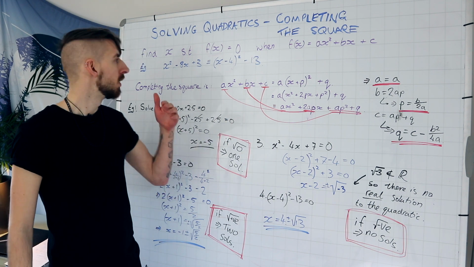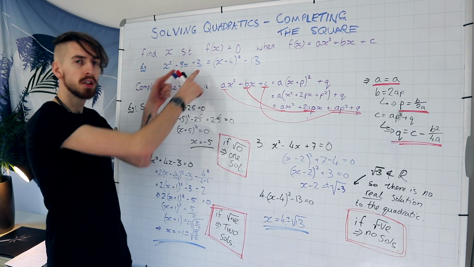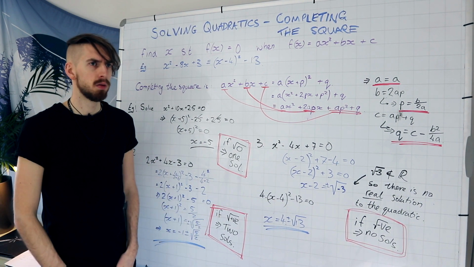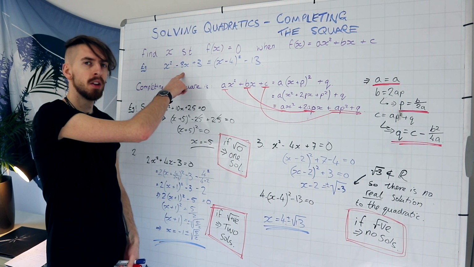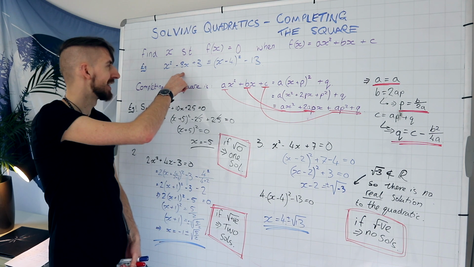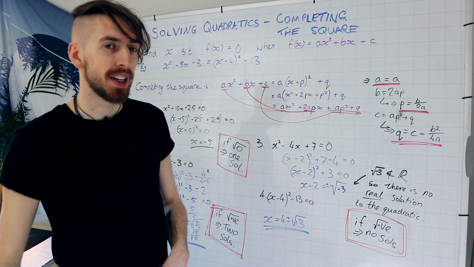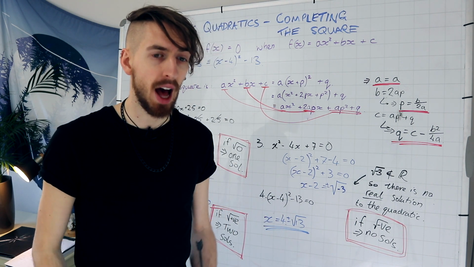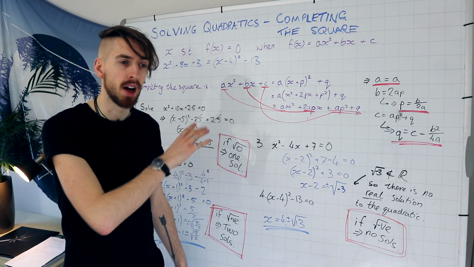We have to do completing the square. See here? 2 numbers that multiply to 3: 1 and 3. Does 1 and 3, or -1 and -3, add to get -8? No. So in the last video when we said that some things can't be factorized, it doesn't mean they can't be solved. We have to use a different method, and that is completing the square.